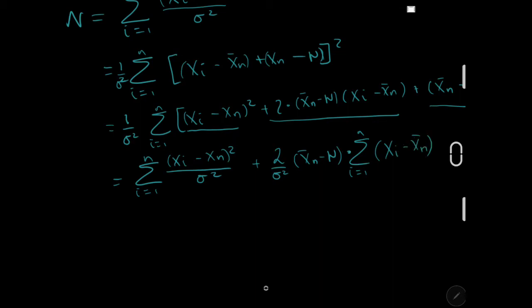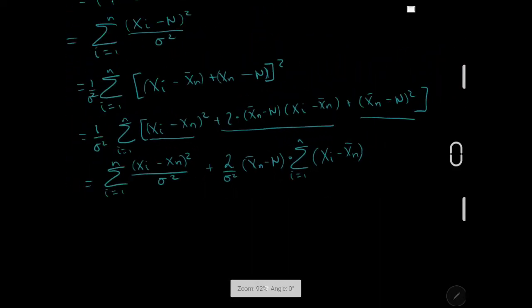So that's what that sum is. That's the second term. And then the final term is going to be plus the sum from i equals 1 to n of xn bar minus mu all squared over sigma squared.